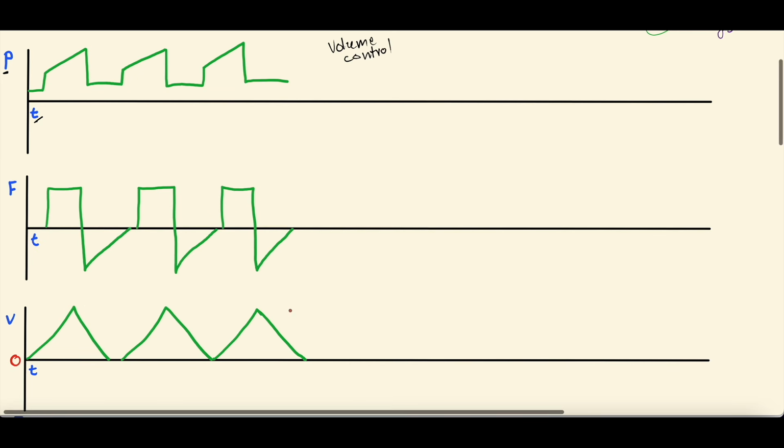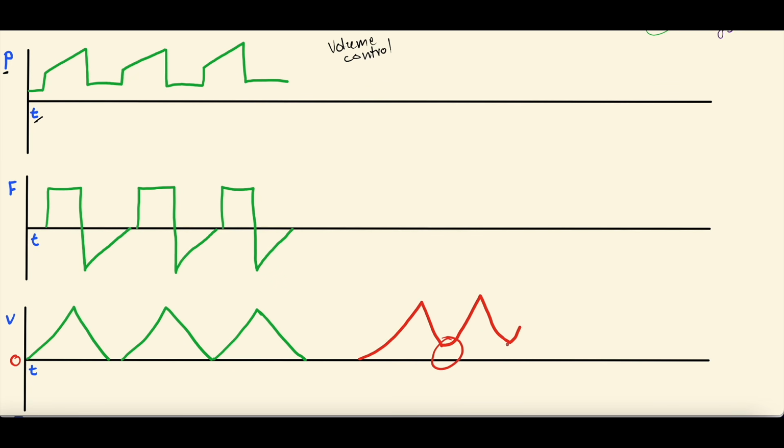In AutoPEEP, though, they'll get their breath in, then start to breathe out, but before they fully expire, the vent delivers another breath, and the same thing happens. So you don't go down to 0 the way you should, which makes sense.